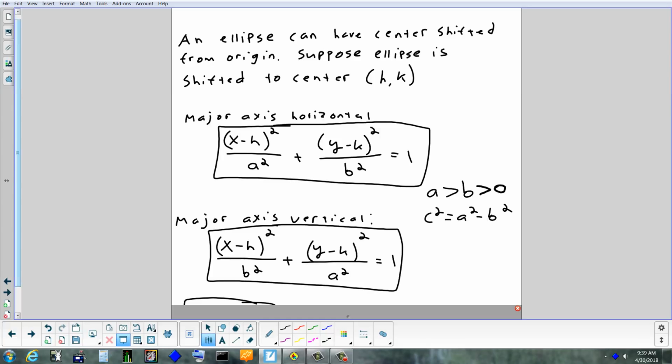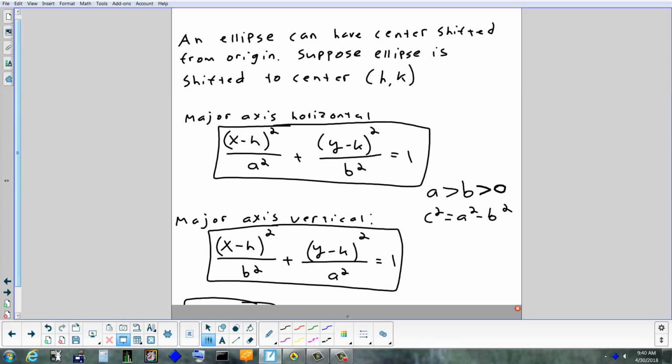That's why we always group the h with the x, because x is left and right. k will do your shifting up and down. That's why we always group the k with the y, because y is up and down. Other than that, everything else is the same. We still have a squared and b squared in the denominator. Depending on which way you want your major axis to go, you can switch them. Still equal to 1. The inequality still holds true: a is always bigger than b, which is bigger than 0.